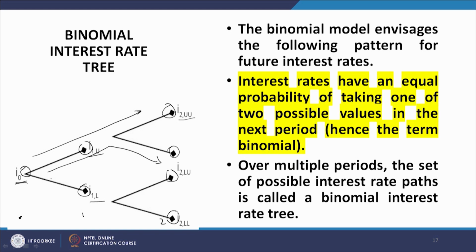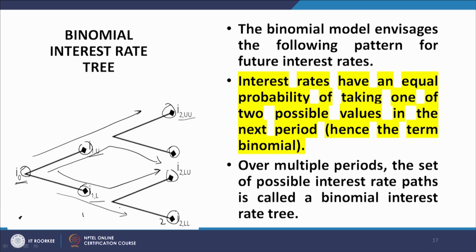If it moves along this path, then it gives you I 2 LU, and if it moves along this path, it gives you I 2 LL. So, this is how this tree is formed.